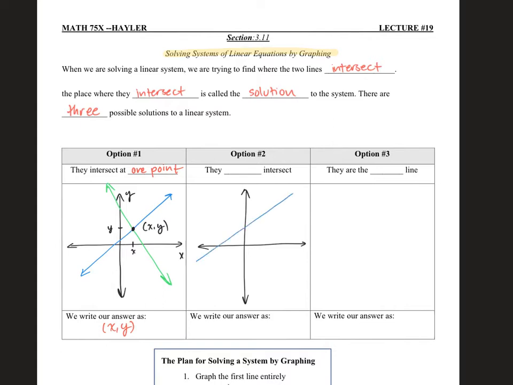Well, if two lines have the exact same slope, then each time you're moving up or to the right or the left, for example, rise or run, the other line is also moving in the same direction. So if I was going from this point to this point, and I went up 1, and then right 1, this other line has the exact same slope, so it'd also be going up 1 over 1.